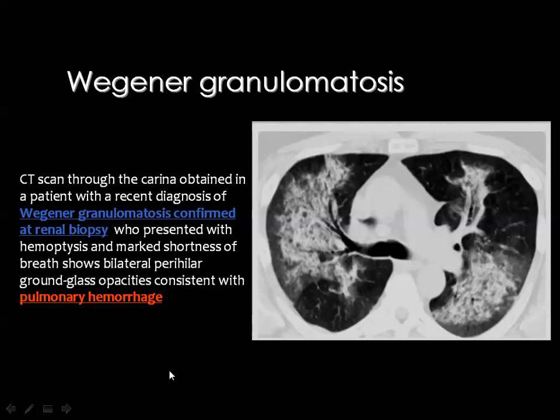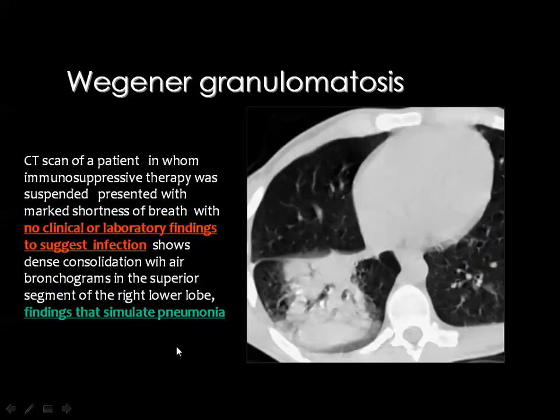And hemorrhage may simulate any other form of consolidation like pneumonias and alveolar cell carcinoma, but by the presence of the clinical data that the patient had Wegener granulomatosis, you may suspect the possibility of hemorrhage.